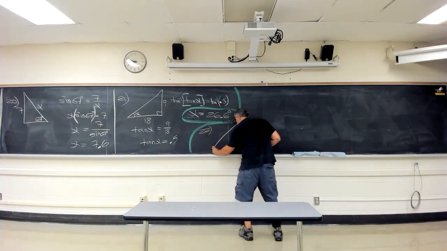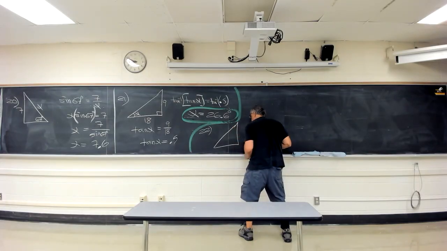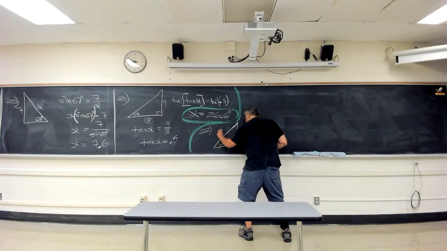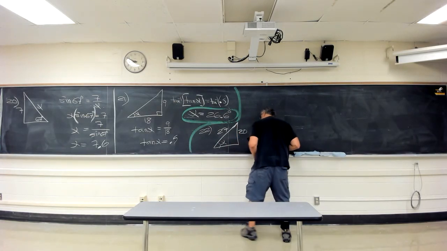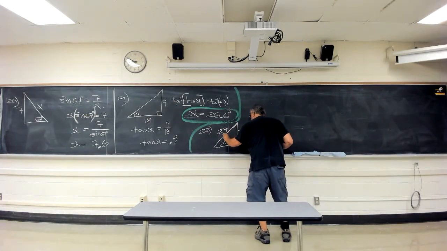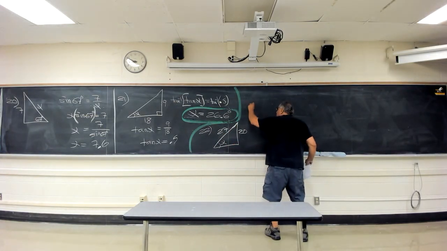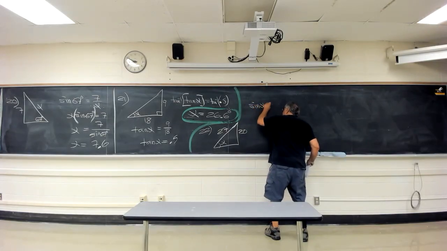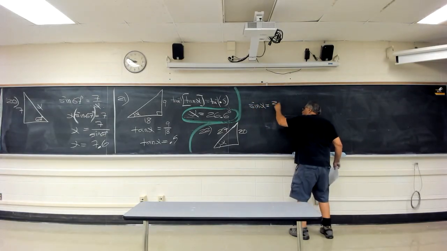What we're talking about is something like this. Not the best drawing in the world already, guys, but that's all right. We need to find out what x is. This is 27. This is 20. Opposite divided by hypotenuse is the sine. The sine of x is 20 over 27.